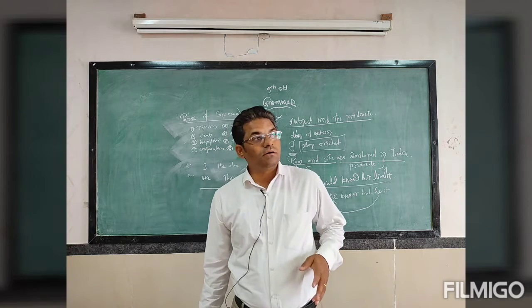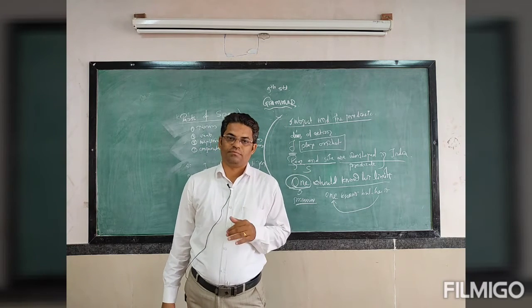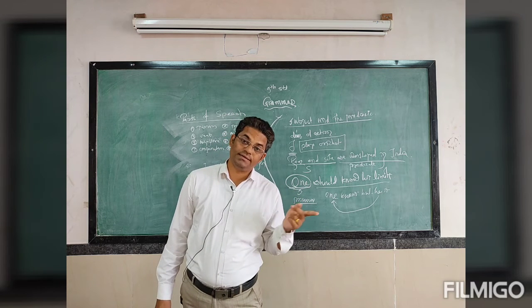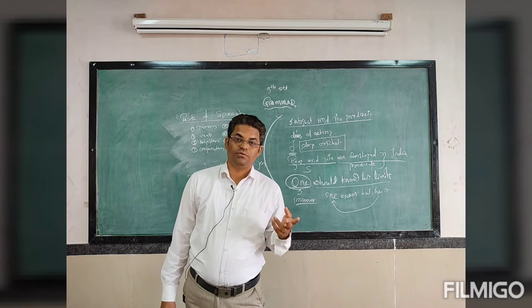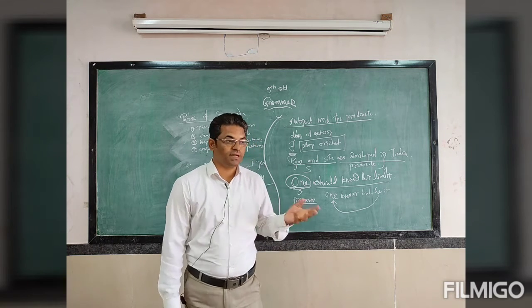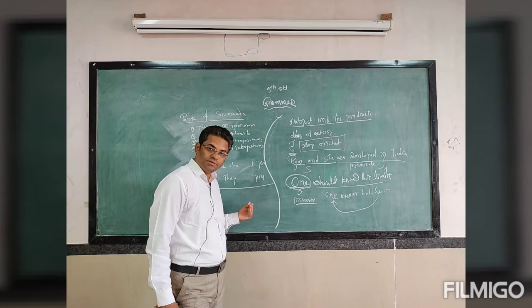Even there are objective pronouns. Objective pronouns like me, him, her, them, it, you. These are objective pronouns. That means they can come in the place of an object and not in the place of a subject.